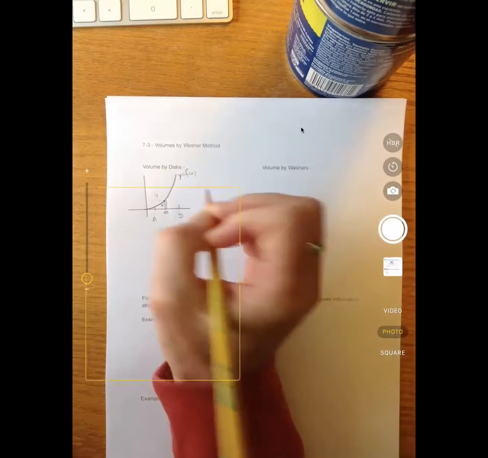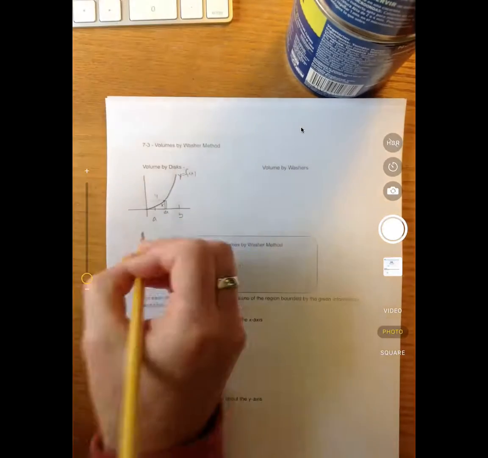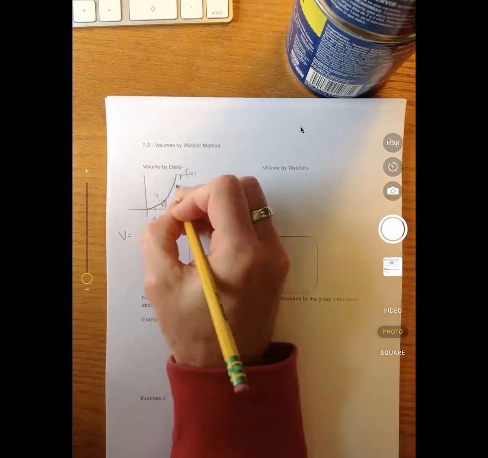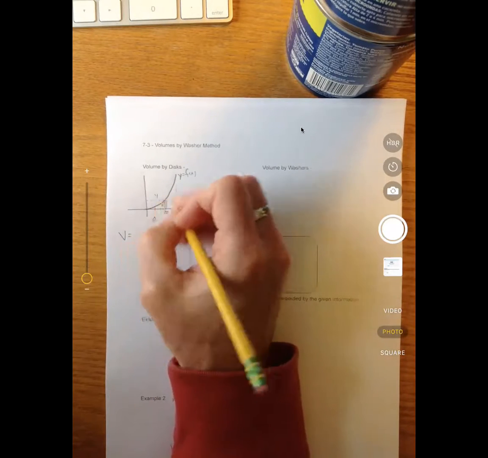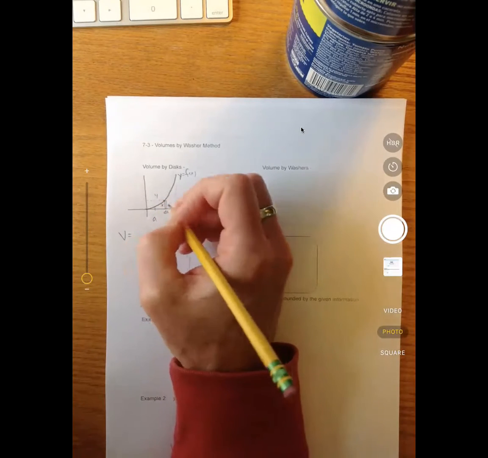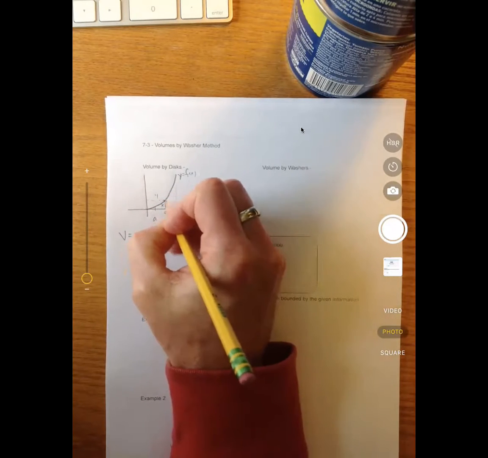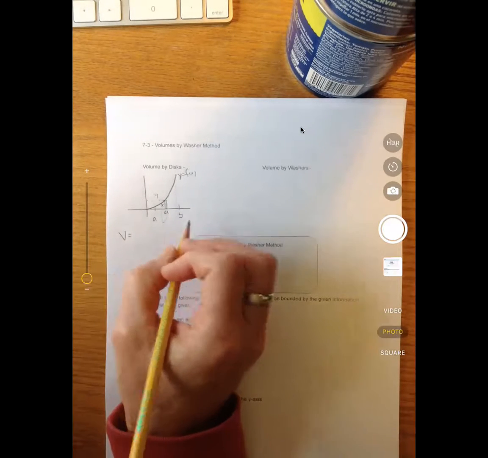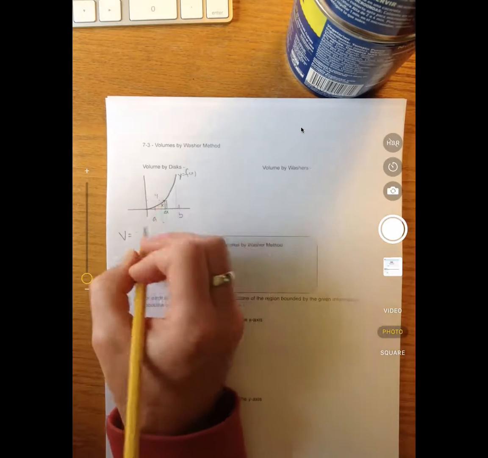an x value. And we said that the volume of that region, if you spun it around, was the sum of all of the little disks that would be formed by spinning it around. So that was pi r squared h, the volume of a little cylinder or a disk.